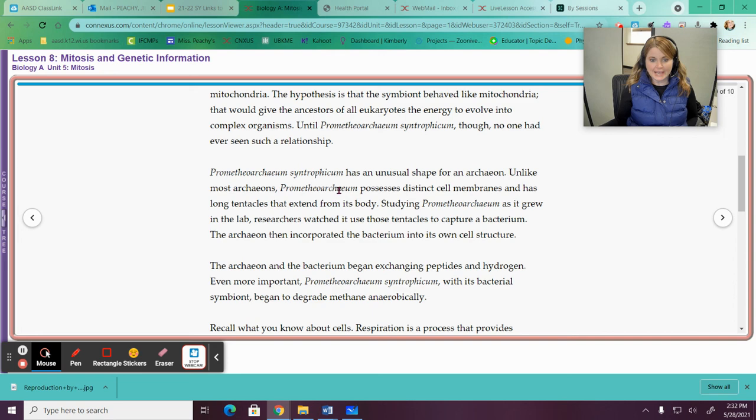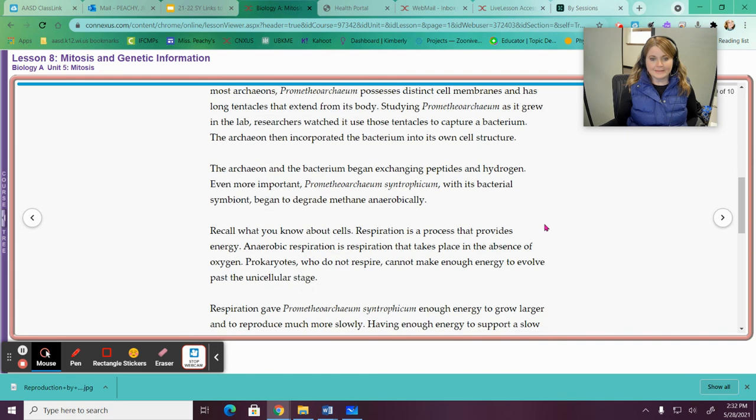They were actually able to see that this bacteria, Prometheoarchaeum syntropicum, has this type of symbiotic relationship where it has a bacterial symbiont inside of its body that's able to help it degrade methane anaerobically.